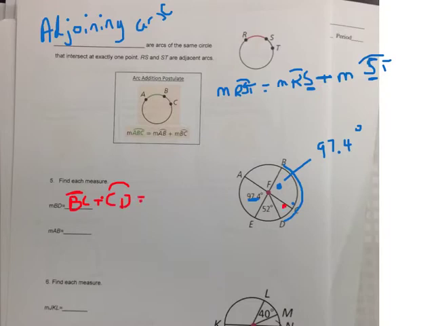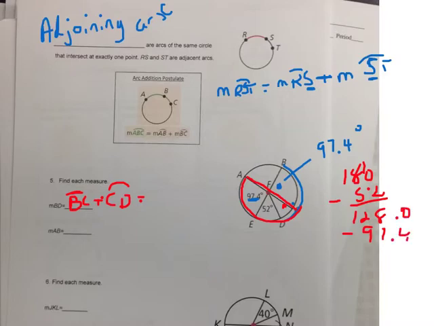Okay, so now I can figure out what CD is. I'll put a red dot on it because it's part of this semicircle right here. Let me circle the whole thing. If that whole semicircle is 180 degrees, I can subtract out the 52, which gives me 128. And then I subtract out the 97.4. I could find out what's left in that semicircle, and that's what arc CD would be.